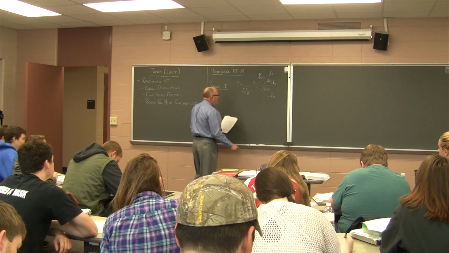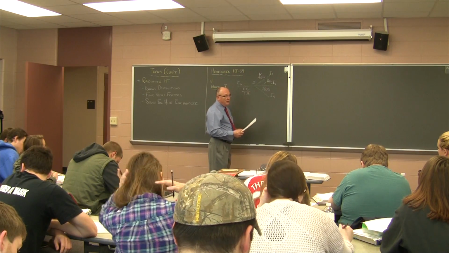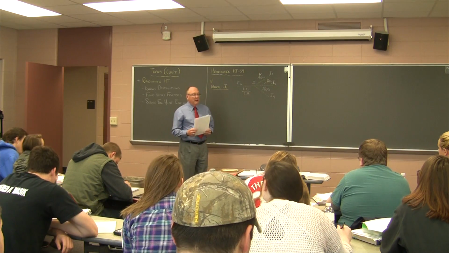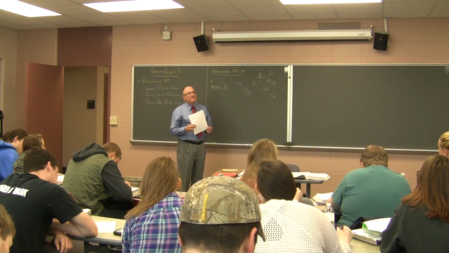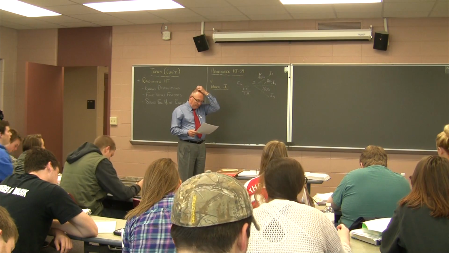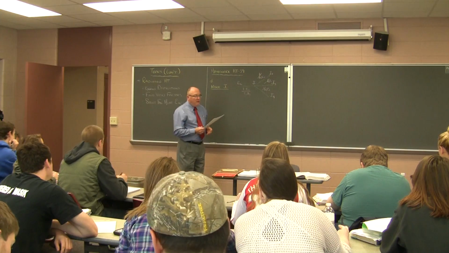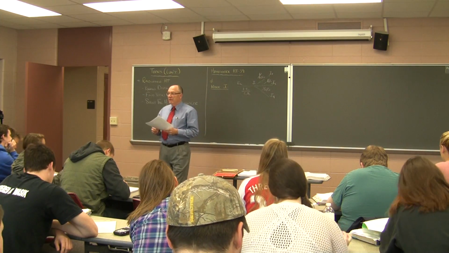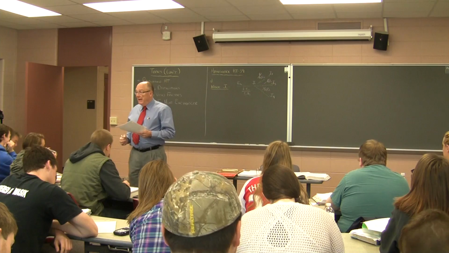Okay, now, I have to account for a couple of other things here. What else do I have to account for on this node? Convection. Which way is the convection going to go? Out.